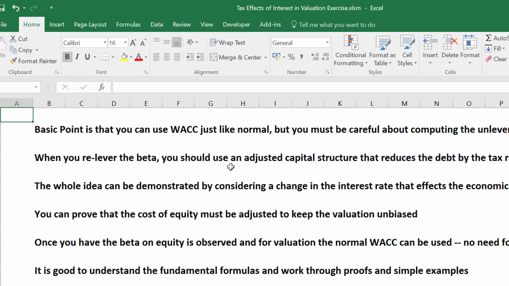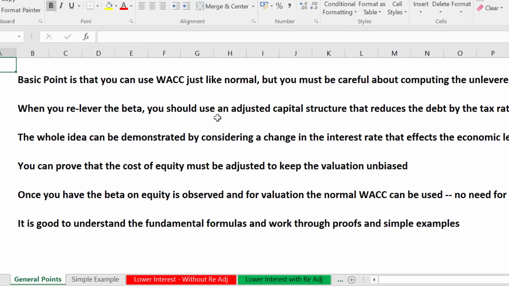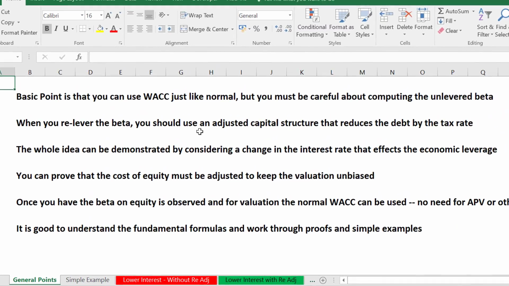What I'm going to do is make a series of videos like this that work through the tax effects of the WACC, target capital structures, how to compute the beta on debt, all sorts of very practical issues about applying the weighted average cost of capital. I'm going to make a little course on it.